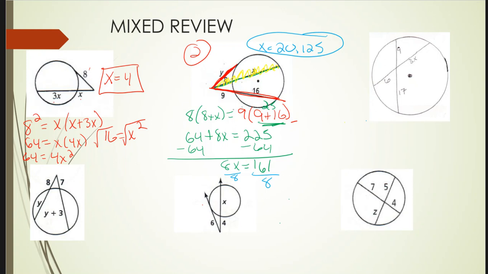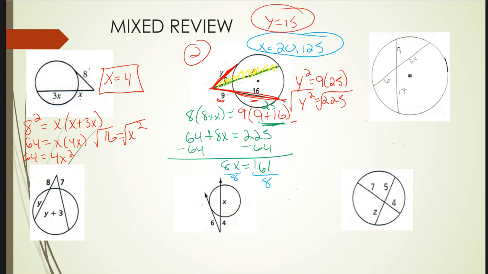So when I'm looking at this, I have a tangent and a secant. So it's going to be y squared, because the tangent is squared, equals the outside times the whole. So it's going to be 9 times 25 again. So it's y squared equals 225. Square root, y is 15.